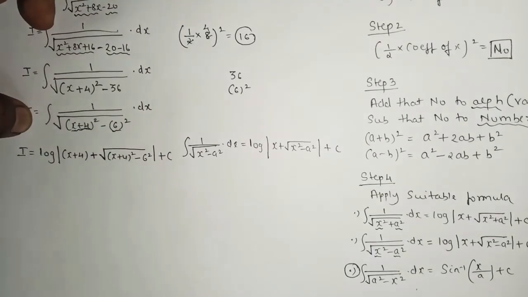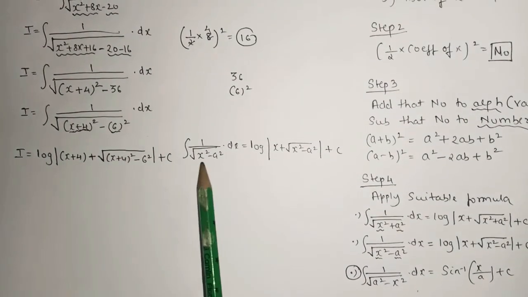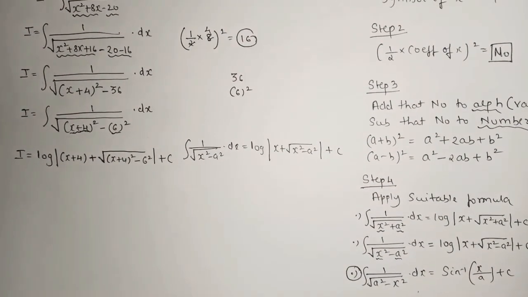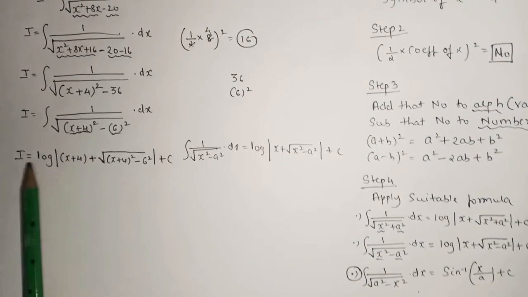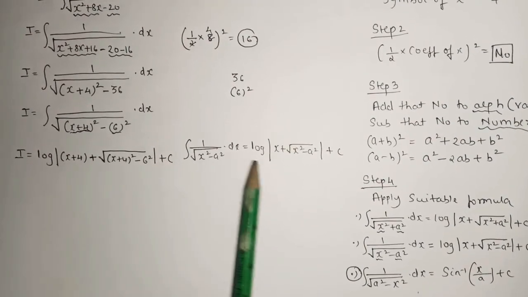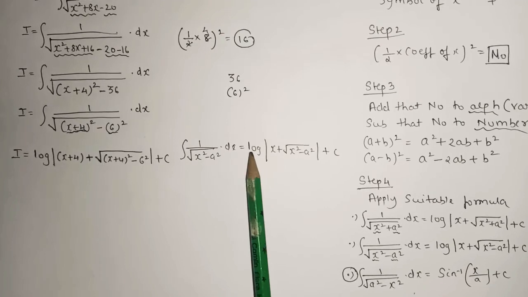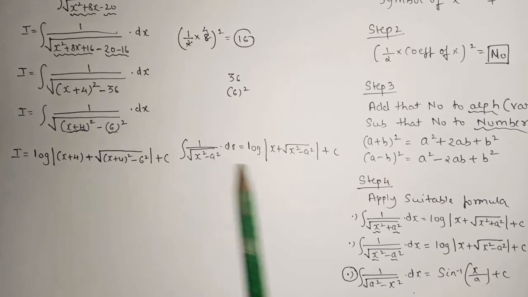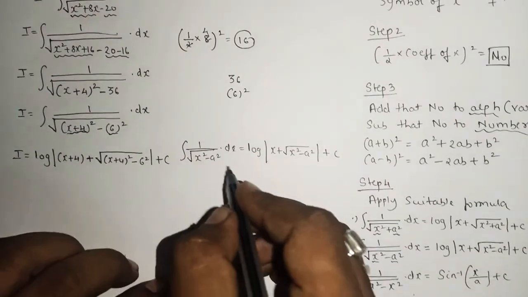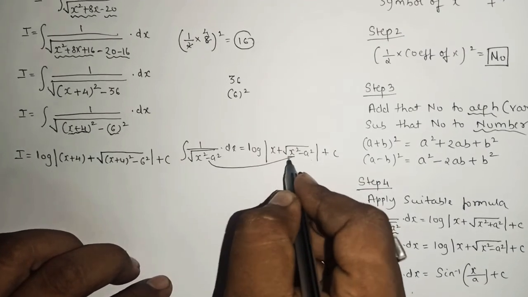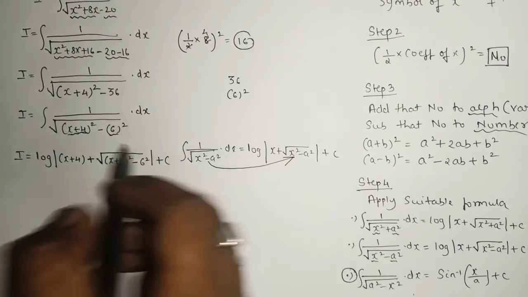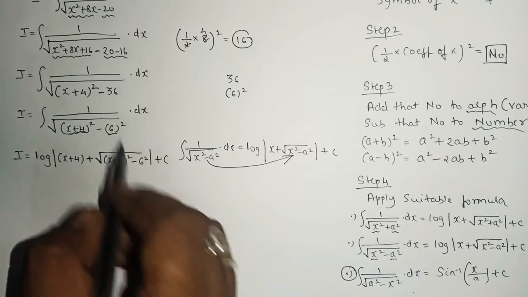The same part will come, yes or no, the same section will come here. That is why I wrote log mod x, as I told how to remember this, plus the same question will come. So here it was x plus 4 the whole square minus 6 square, that only I wrote.